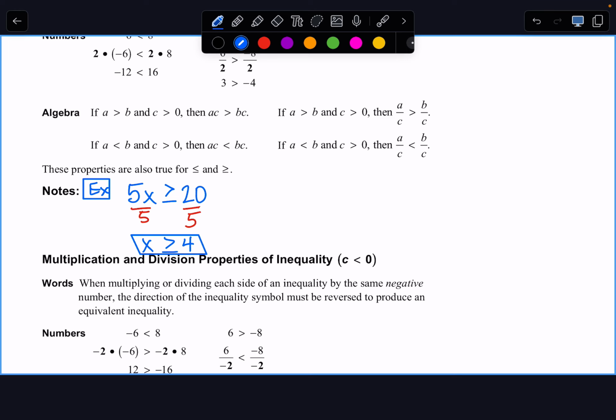Okay. We could also do x over 10 is less than negative 2.